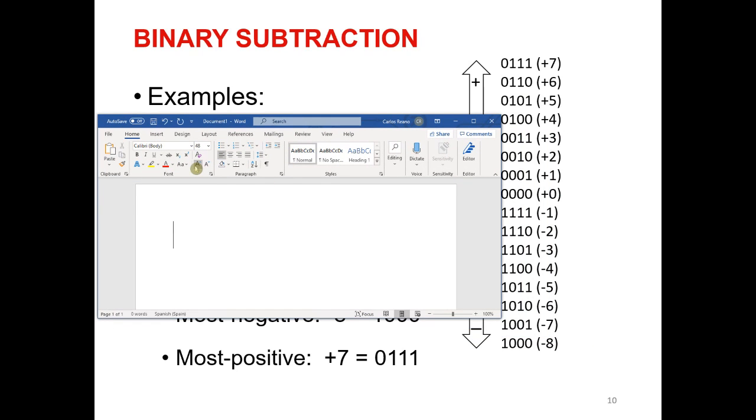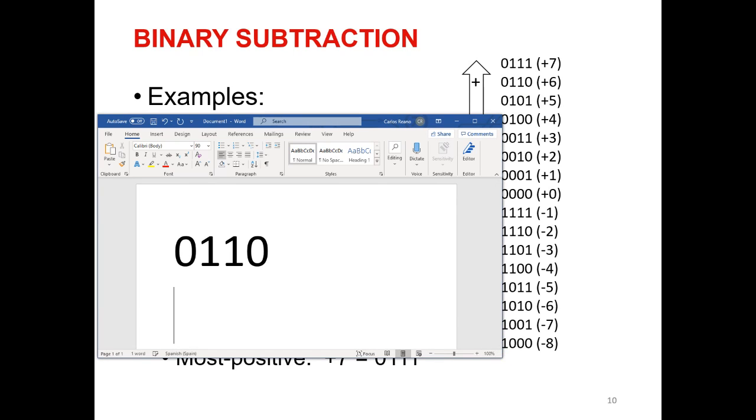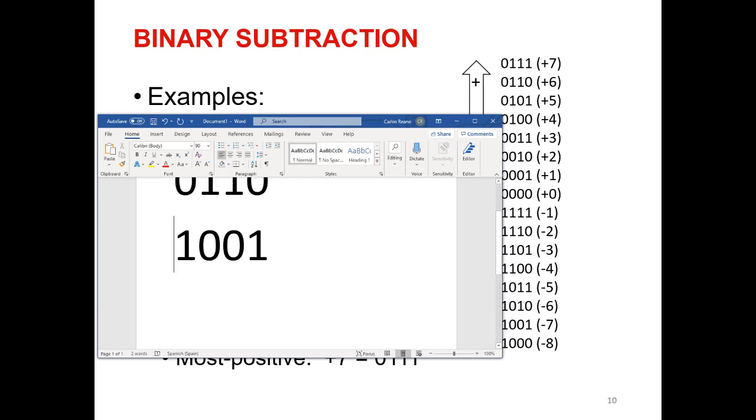I think it's clear, but just in case. The number 6 is 0, 1, 1, 0. Then if I invert those bits, I get 1, 0, 0, 1. And if I add 1 to this number, I get 1, 0, 1, 0.